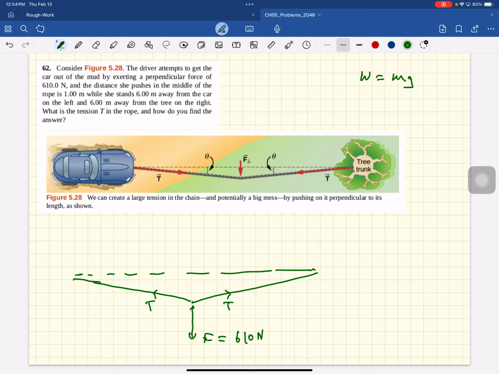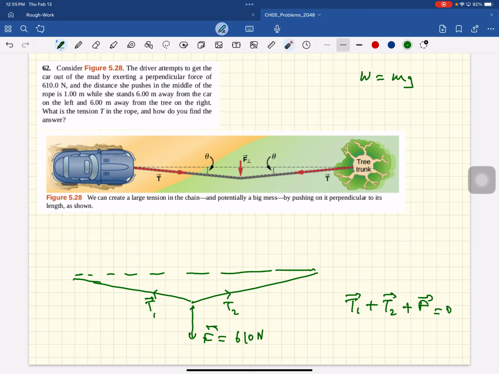We'll call these T1 and T2 because their directions are different, but their magnitudes are the same. So T1 plus T2 plus F should be 0.